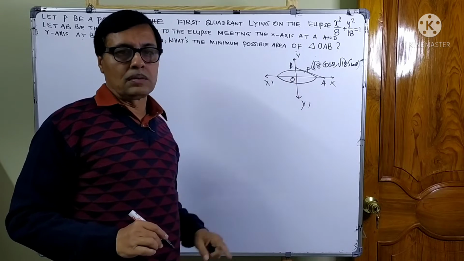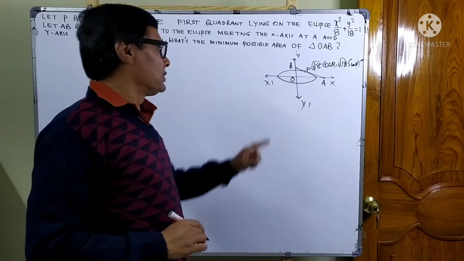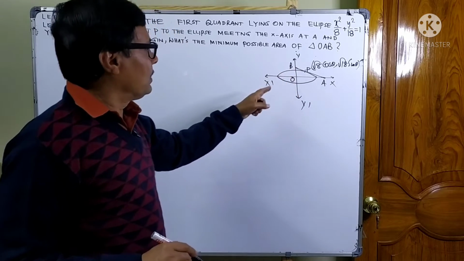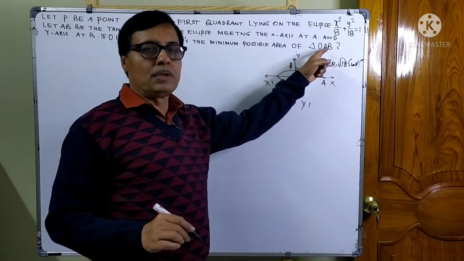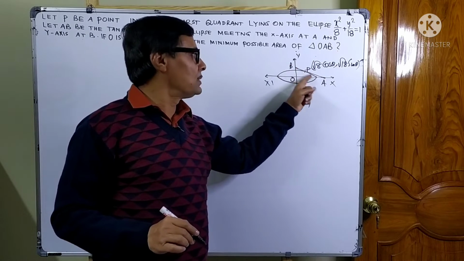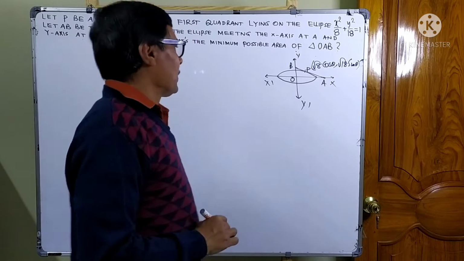We have to determine the minimum possible area of the triangle OAB. This is the triangle OAB which is formed by this tangent and the two axes.